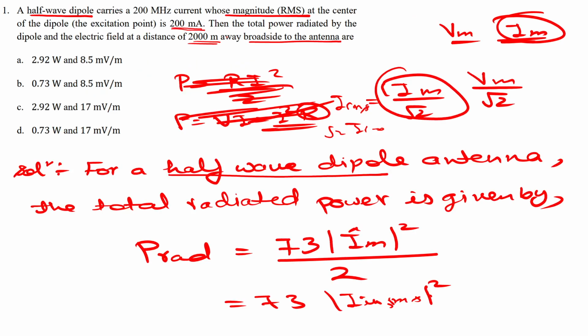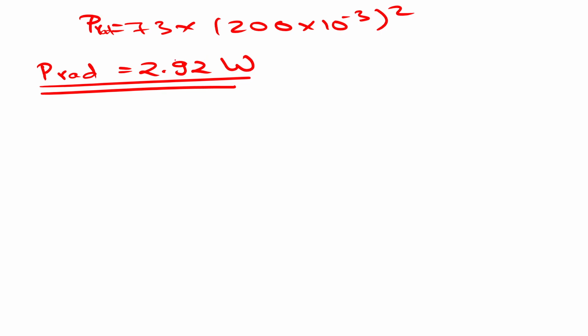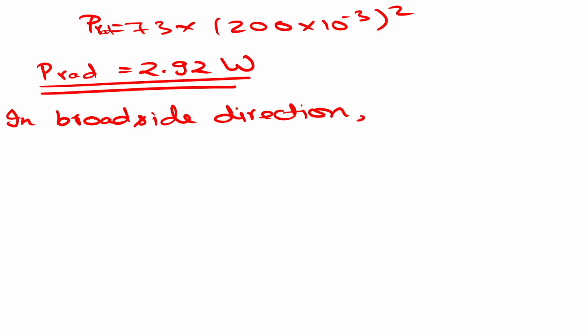Also they have asked us to find the electric field at a distance of 2000 meters away, broadside to the antenna. In the broadside direction, that is theta equal to 90 degrees, the electric field will be maximum.